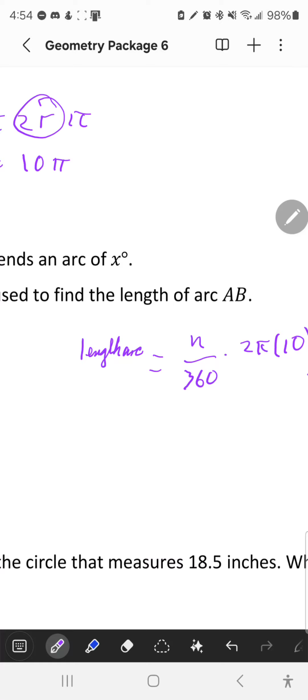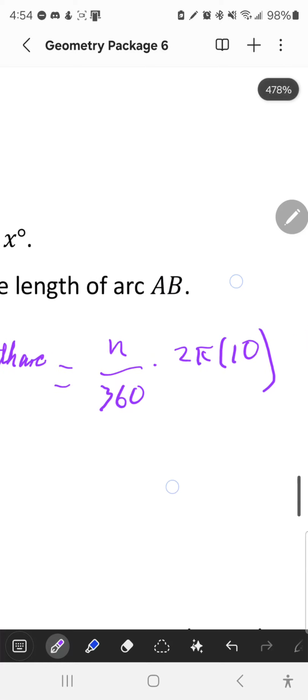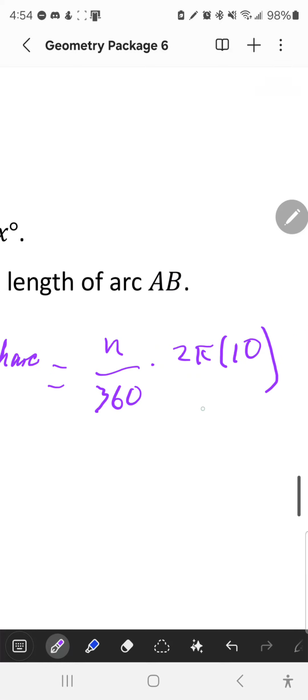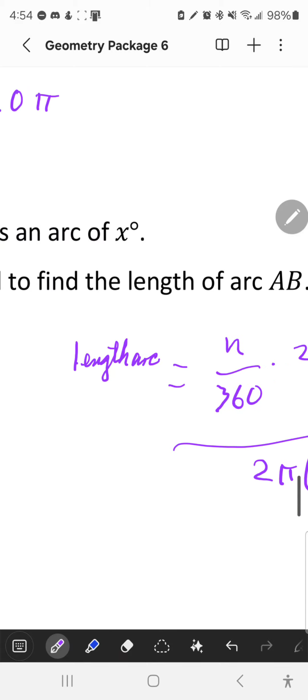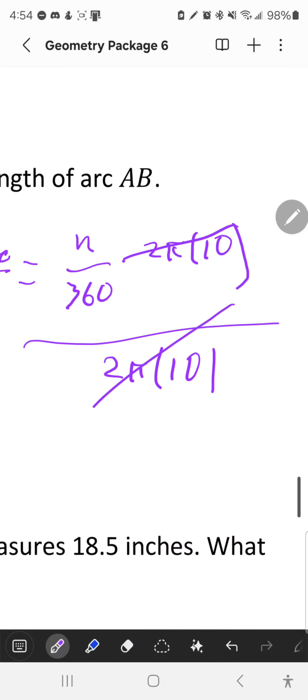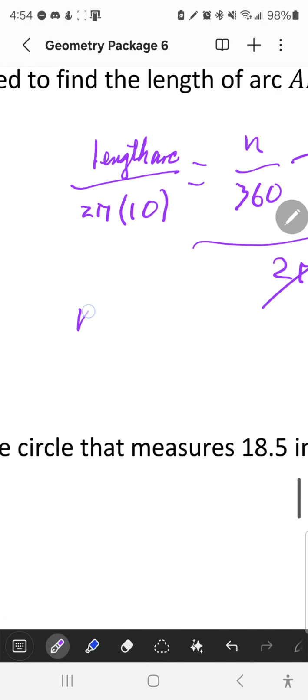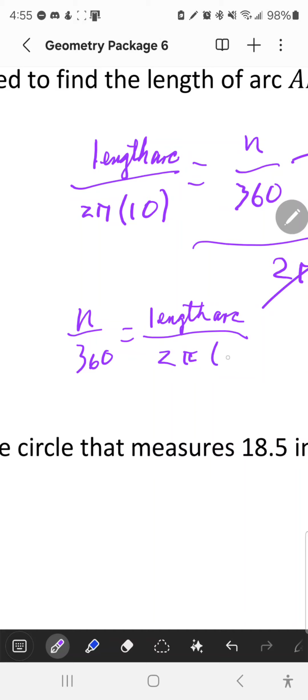Now, if I divide both sides by 2 pi 10, I can cancel out here, and then I have that n over 360 is equal to the arc length over 2 pi 10. And here n is just the angle, which in this case is x.